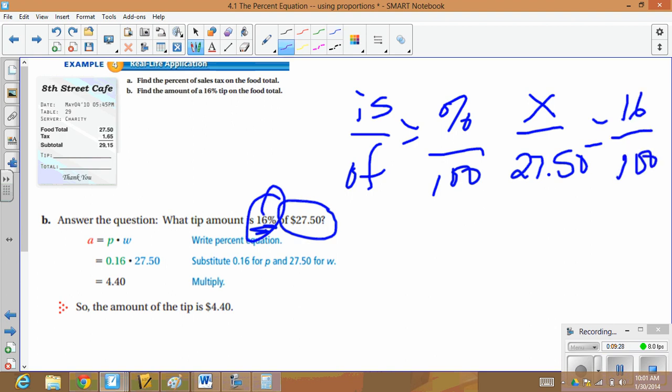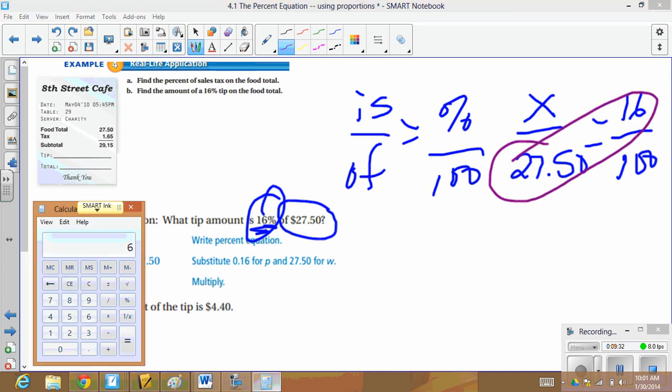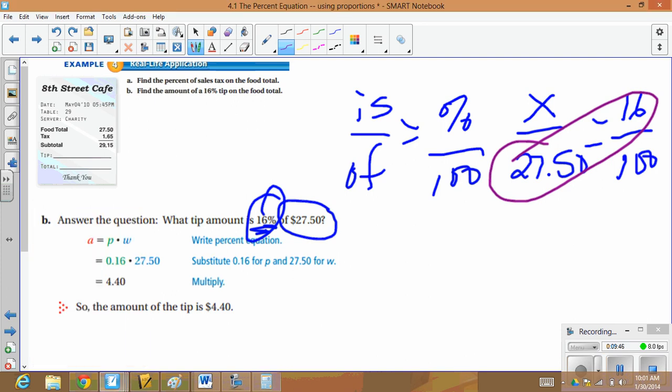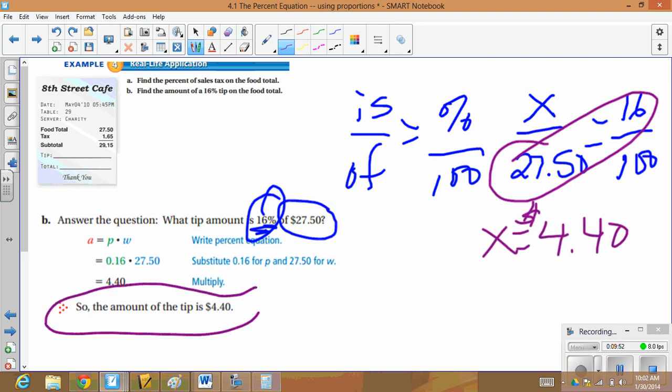So what I'm going to do is take 27.50 times 16, then take that answer and divide it by 100. And I get an answer of X equals $4.40, just like we would get if we used the equation.